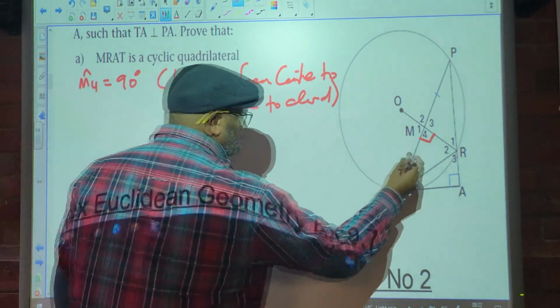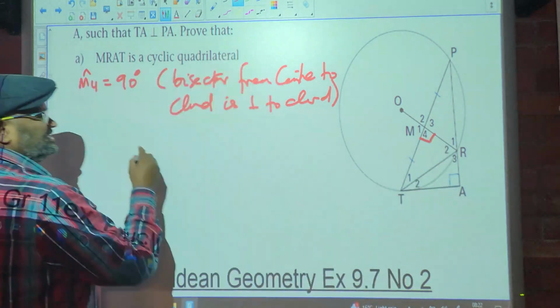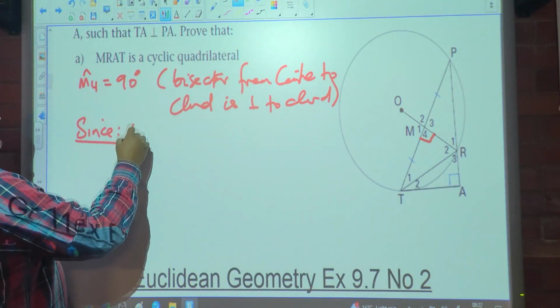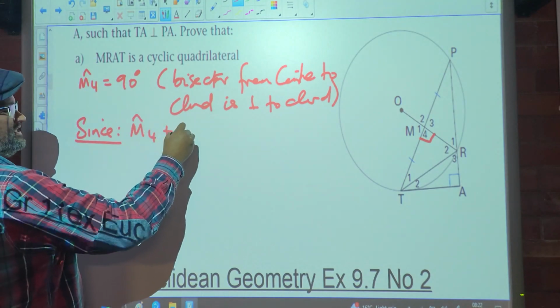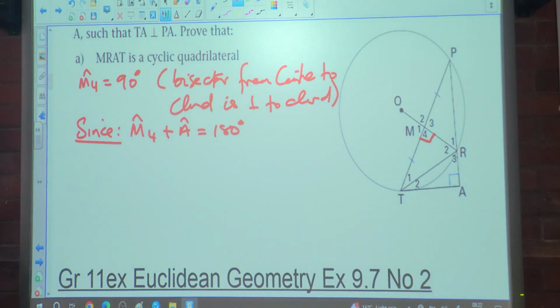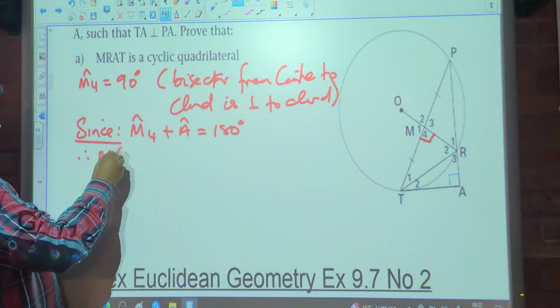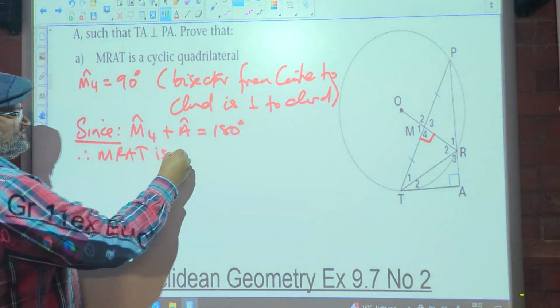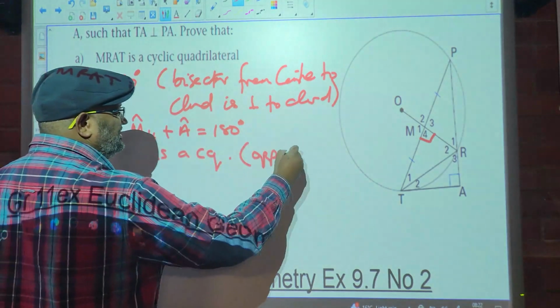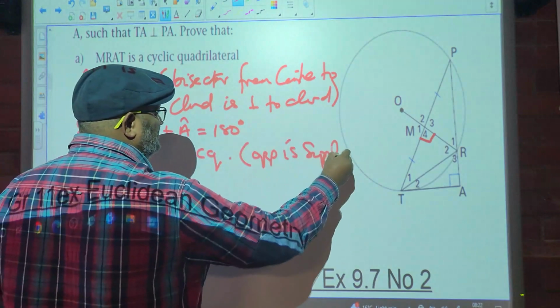Now, as Bailey said, since M4 plus angle A is equal to 180 degrees, therefore MRAT is a cyclic chord. Why? Because opposite angles are supplementary.